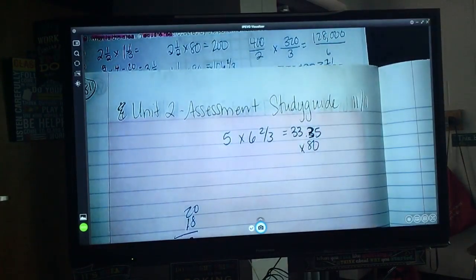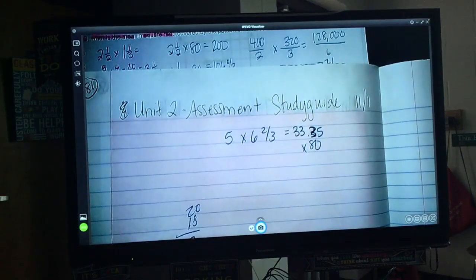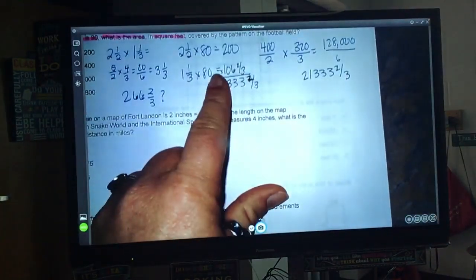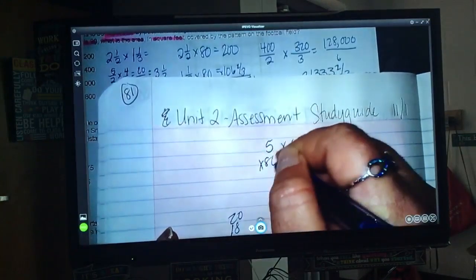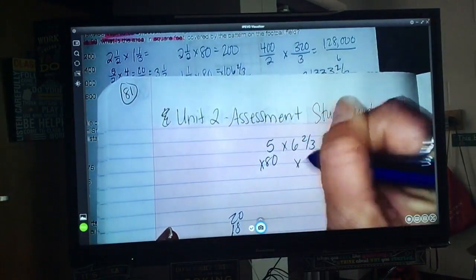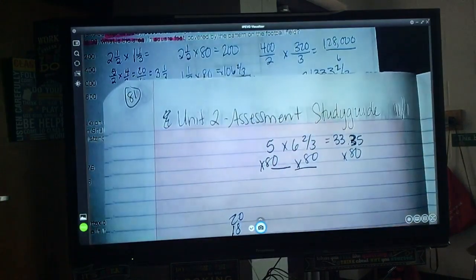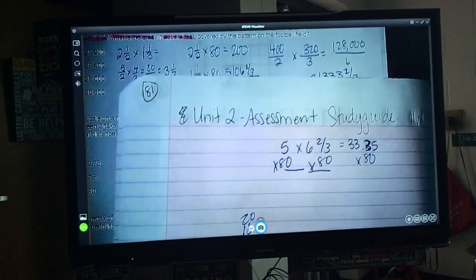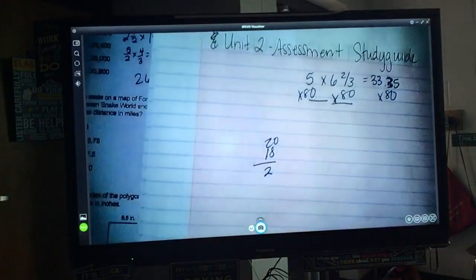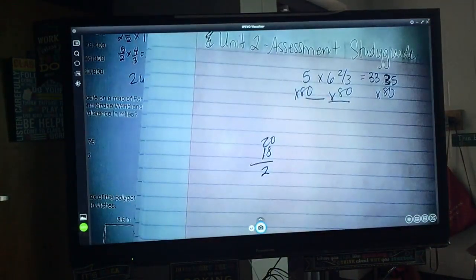I don't know, try it. So do the same process then. What was our process for getting way over here? So would we maybe need to multiply 5 times 80 and then 6 and 2/3 times 80? Try that. It's a non-decimal number.